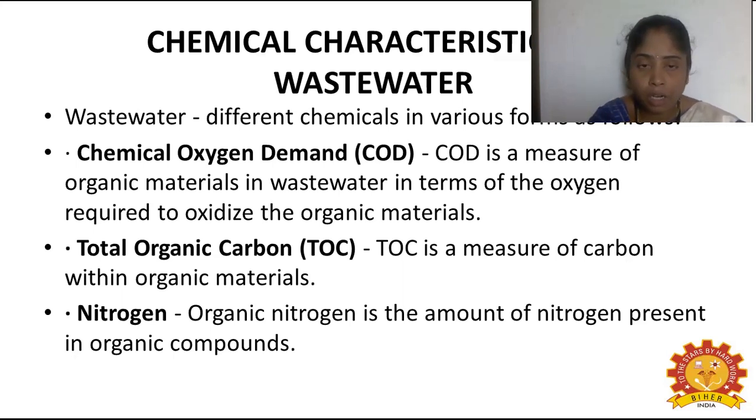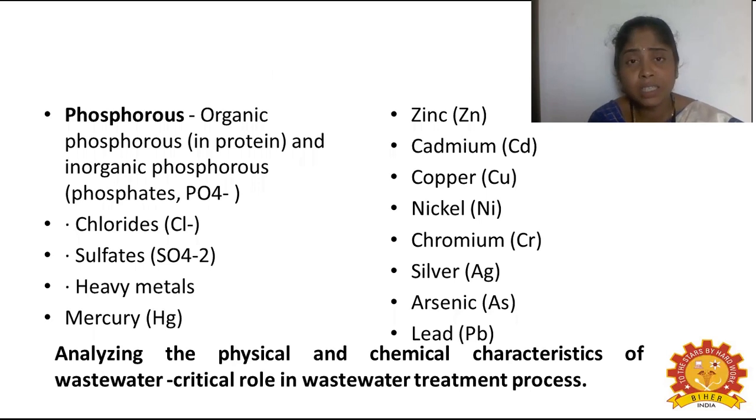So what are the various chemical compounds that will be present in wastewater, whether it is industrial wastewater, domestic wastewater, food industry wastewater, or pharmaceutical industry wastewater? One of the main elements is phosphorus. Phosphorus will also be present as inorganic phosphorus in the form of phosphate, PO4.